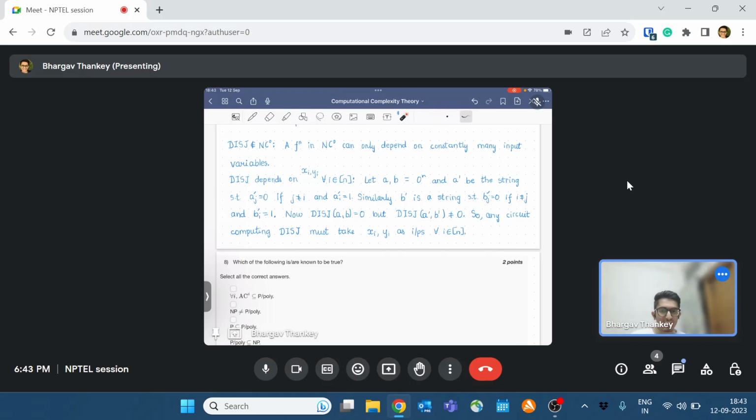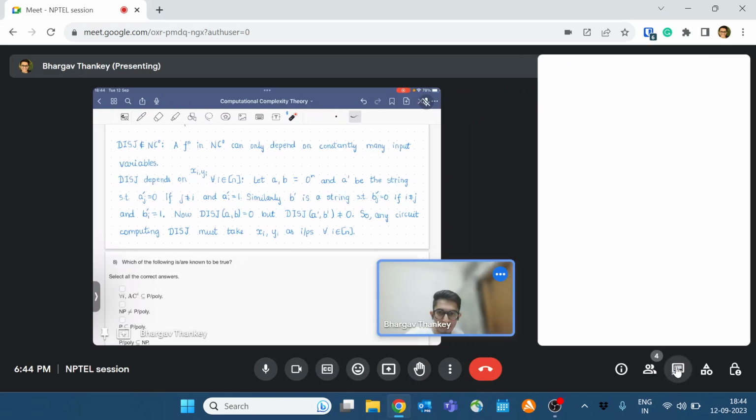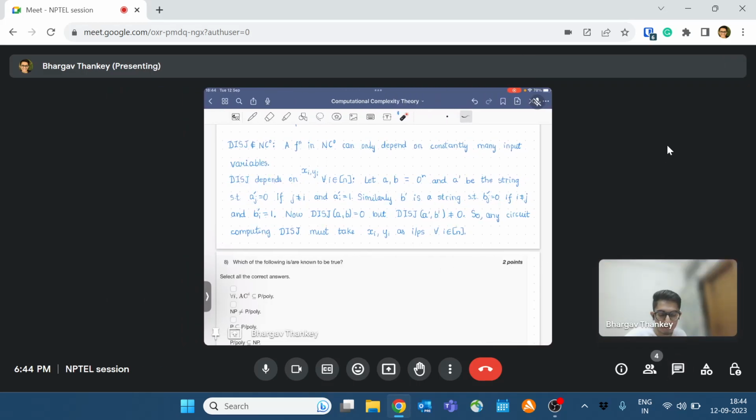And now suppose that we have a circuit computing disjoint which does not take Ai and Bi as inputs, right? Then it would completely miss that disjoint A prime B prime is non-zero, right? So is this clear? Please repeat it, your voice.